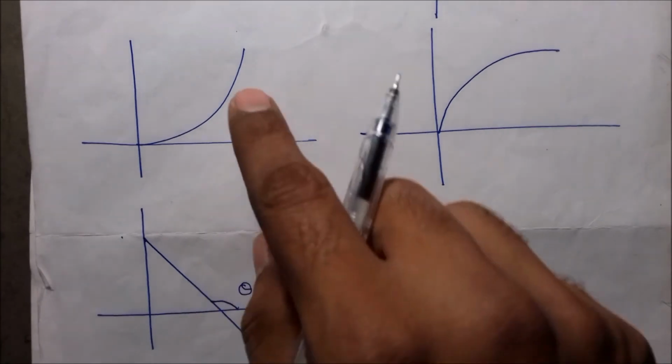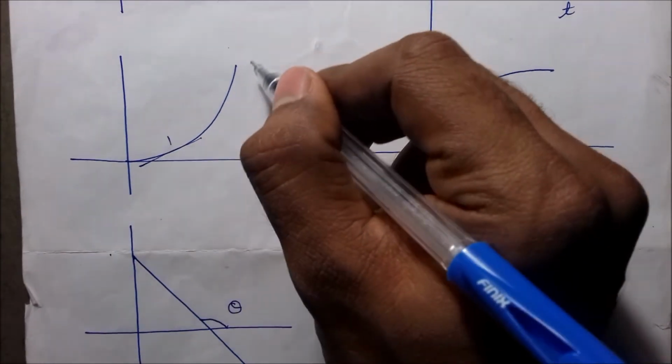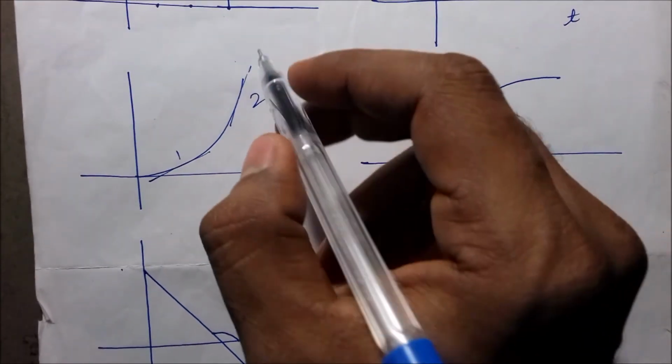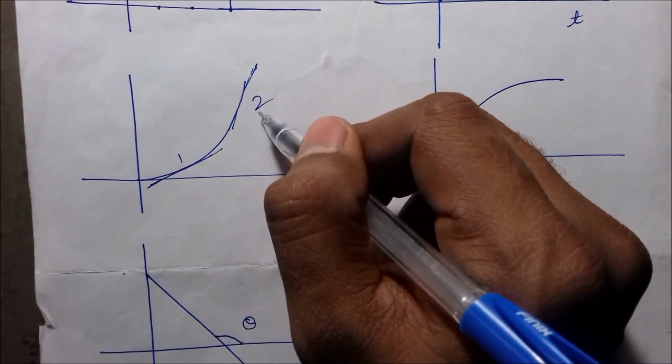Then this is third type of graph. Compared to slope at this point, slope at point number 2 is more. More slope means at point number 2 more velocity.